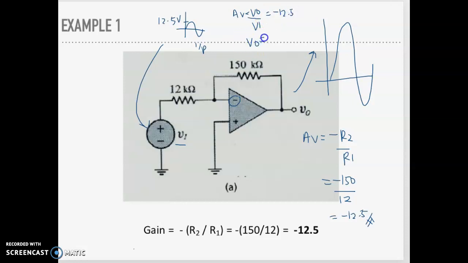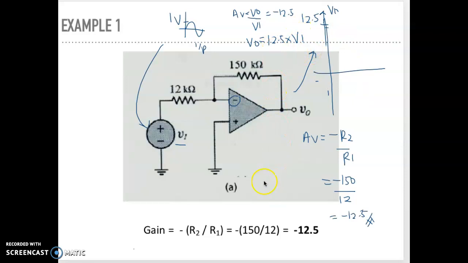So V out is actually 12.5 multiplied by V in. If you apply 1 volt, 12.5 multiplied by 1, your amplitude at the output, V out, will be amplified by 12.5, but it will not change the shape. So this is the role of your inverting amplifier.